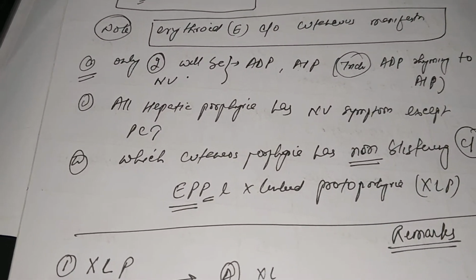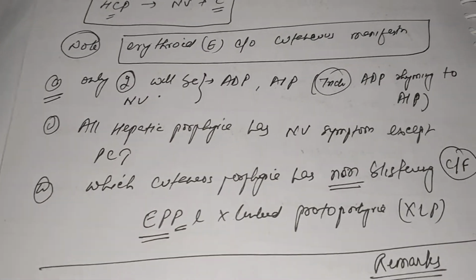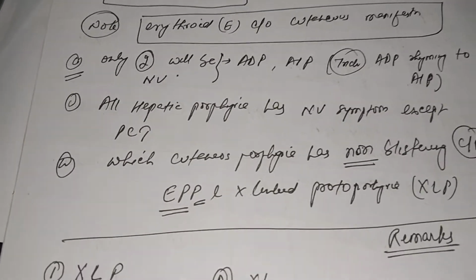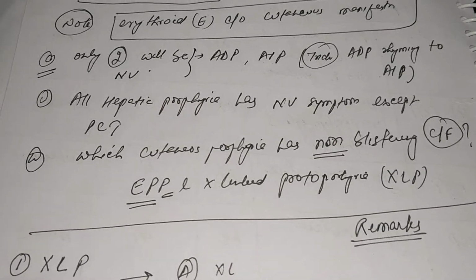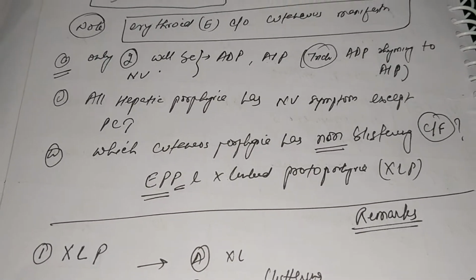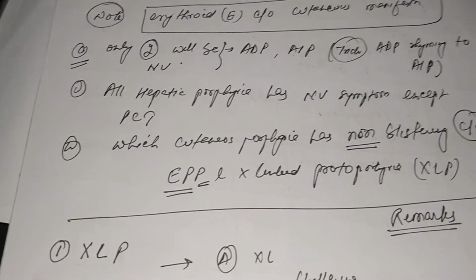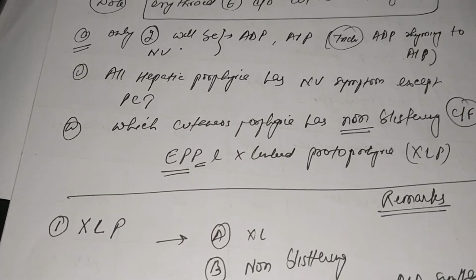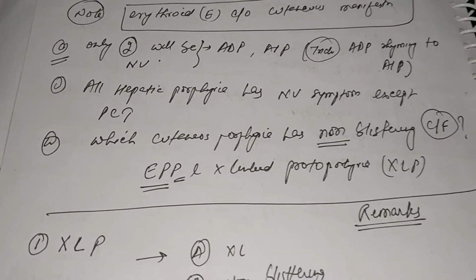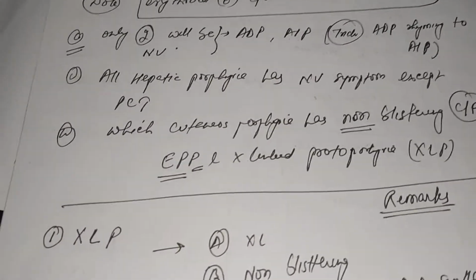Only two porphyrias have neurovisceral-only symptoms, that is ADP and AIP. ADP rhymes with AIP.